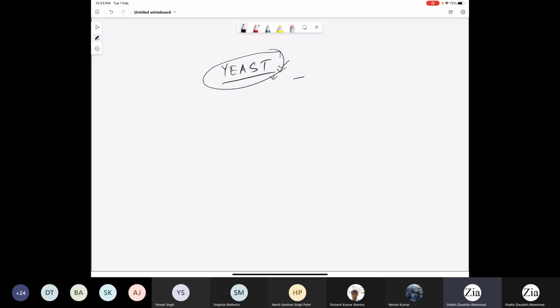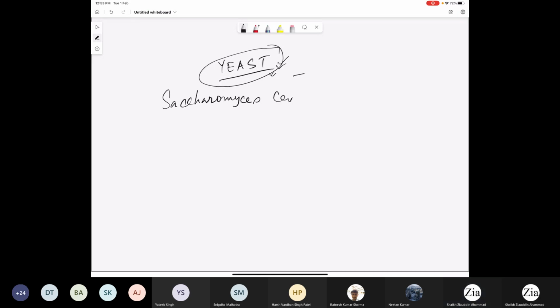So Saccharomyces cerevisiae is one of the prominent candidates of yeast.